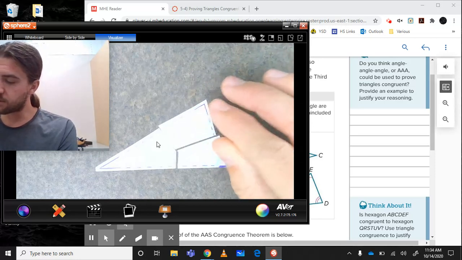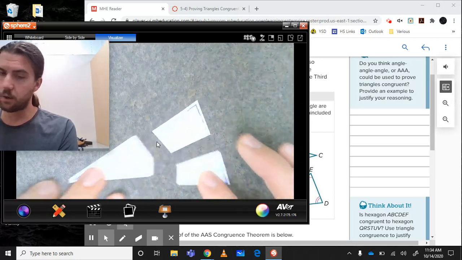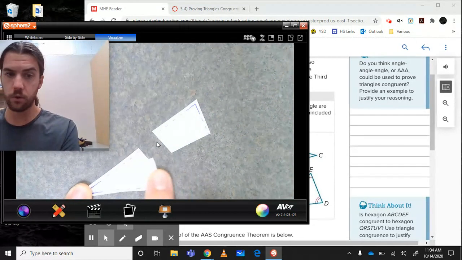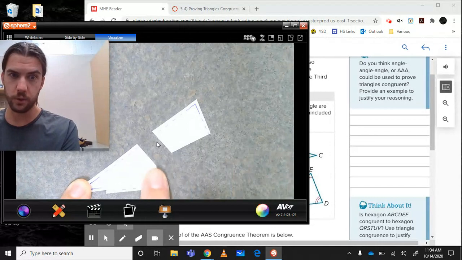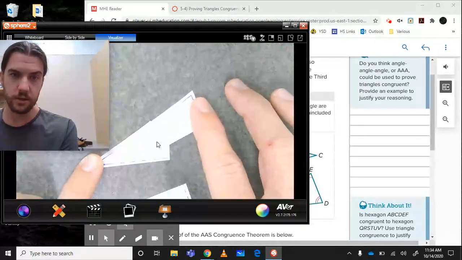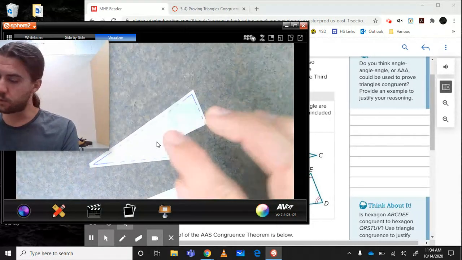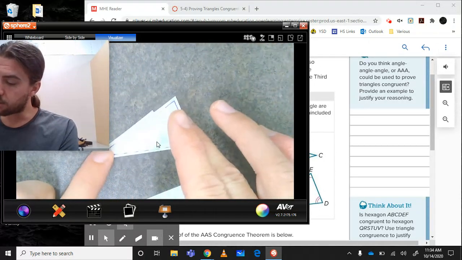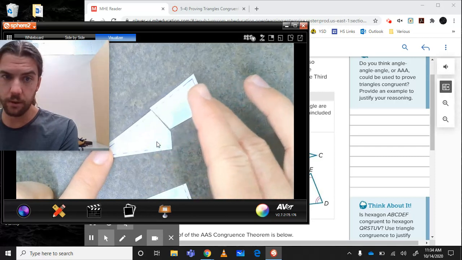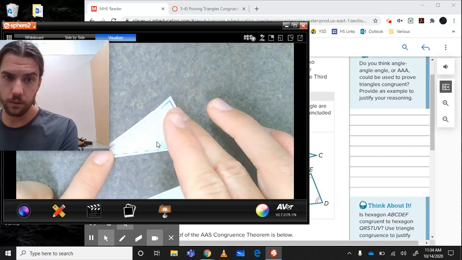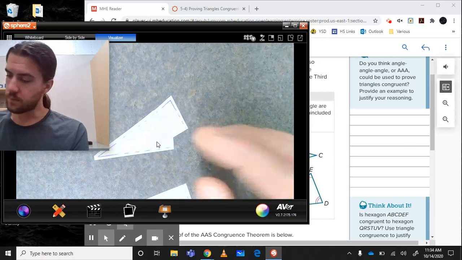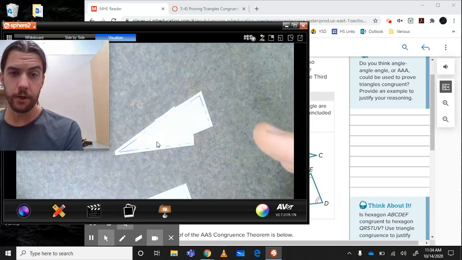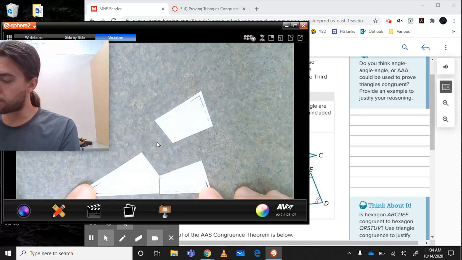Okay, so basically in this picture, they're saying that we know the two angles and we don't know the included side. We don't know how long or short it is between those two, but we know a different side. Okay, so we know a non-included side. Well, if I know the length of that non-included side, then I basically do know angle side angle already because, right, these were the two angles.